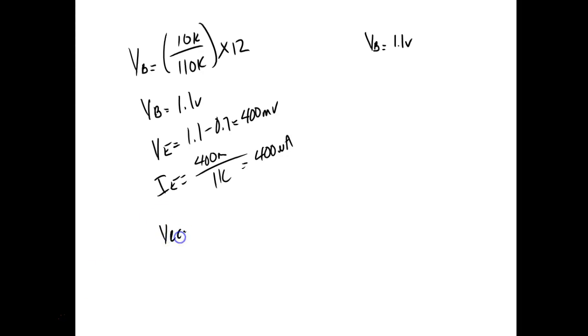So VRC would be equal to 10K times 400 microamps, which would be equal to four volts. And then VC would be equal to 12 minus 4 volts, which is going to give us 8 volts. Okay? That looks better.